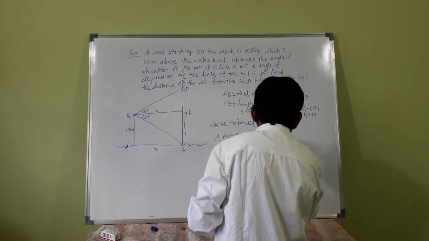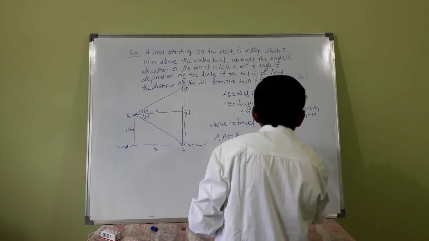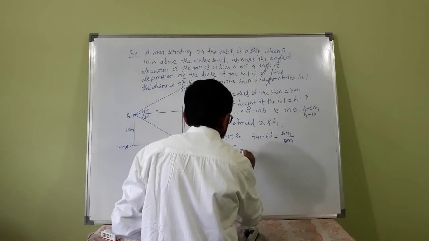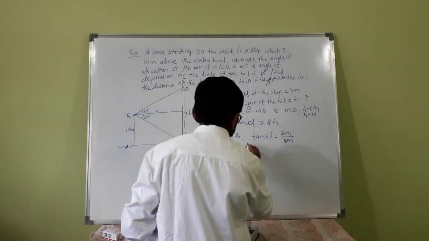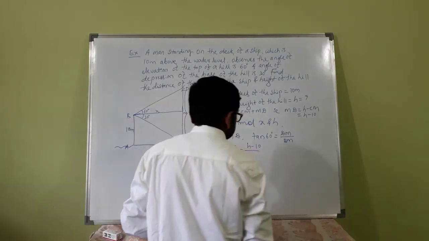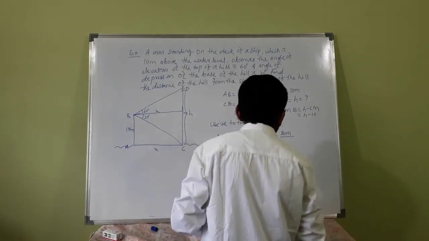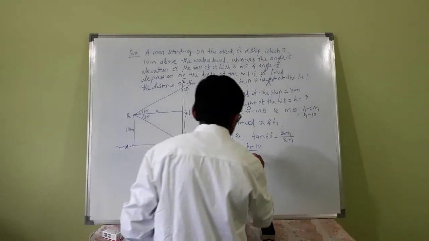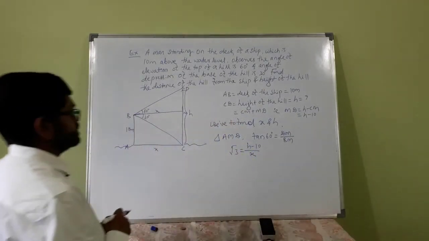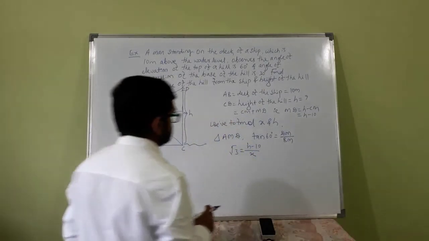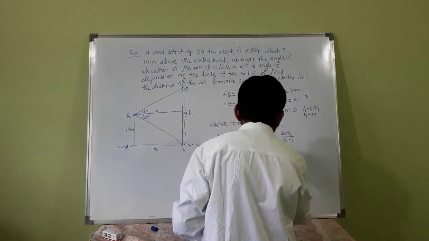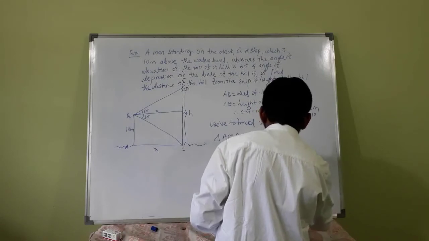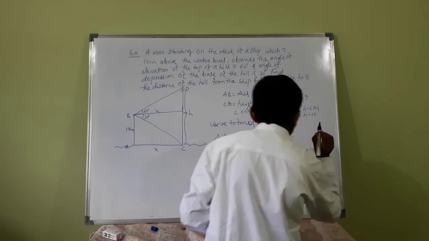Tan 60 is root 3. DM is H minus 10. BM is X. So H minus 10 over X equals root 3, or H is equal to root 3 X plus 10.